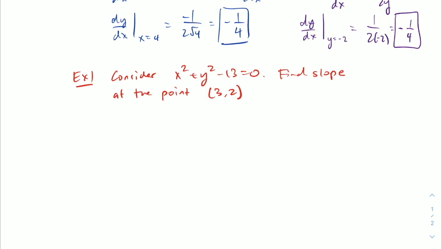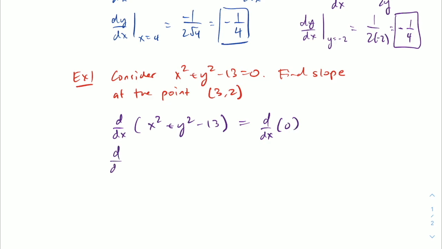All right, so we're going to use implicit differentiation. Right off the bat, we're going to differentiate both sides of this equation. On the left-hand side, we have 3 terms, so we'll be differentiating 3 terms. And on the right-hand side, we have 0, and the derivative of 0 is 0. So there's not much happening on the right-hand side.